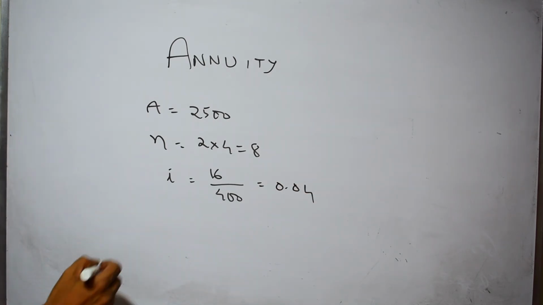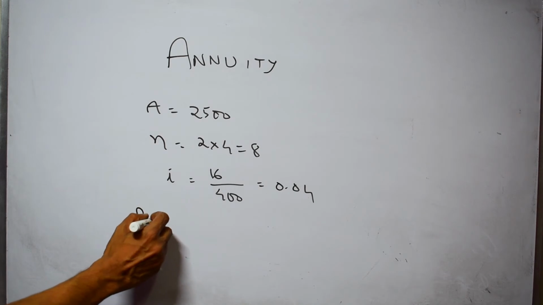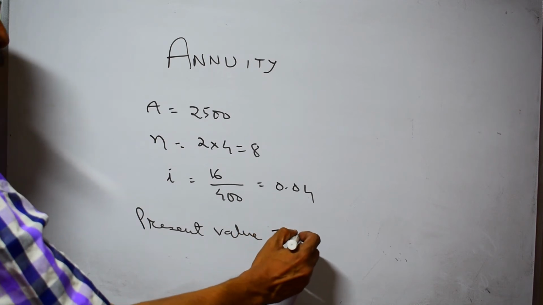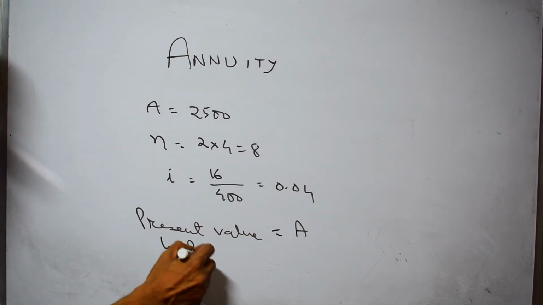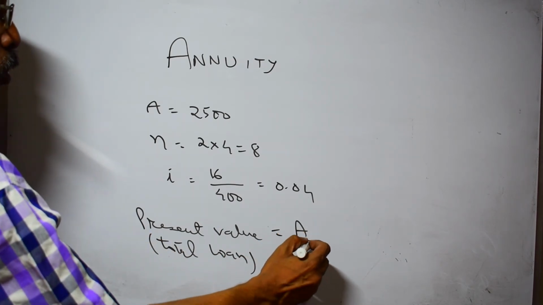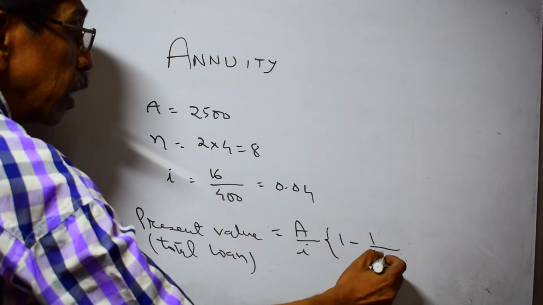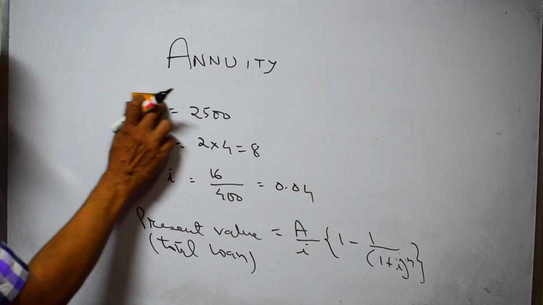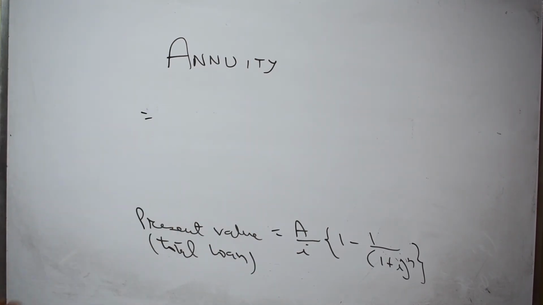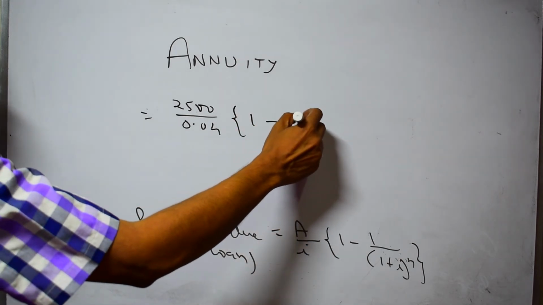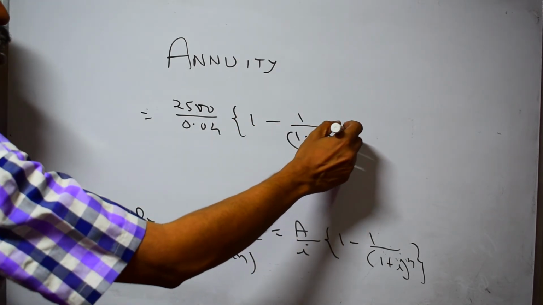Now we have the concept of present value, because loan means present value of the loan, and that is A by I, that is the total loan. Total loan is nothing but the present value of all the installments with this formula. The formula will be A is 2500 by 0.04, into 1 minus 1.04 to the power 8.